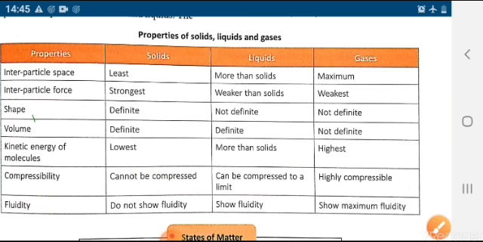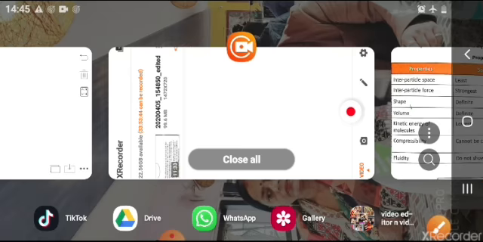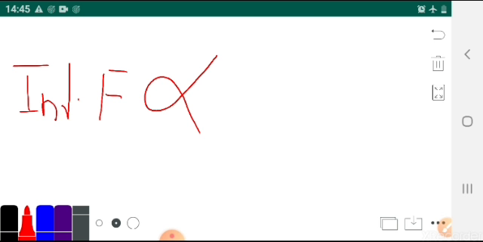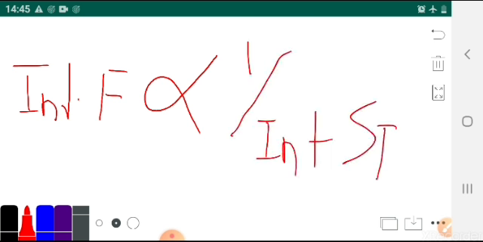As I've already told you in the previous session that intermolecular forces are inversely proportional to intermolecular space. So the more the force will be stronger, lesser will be the intermolecular space.